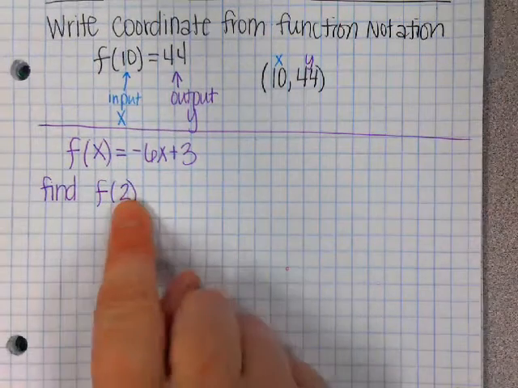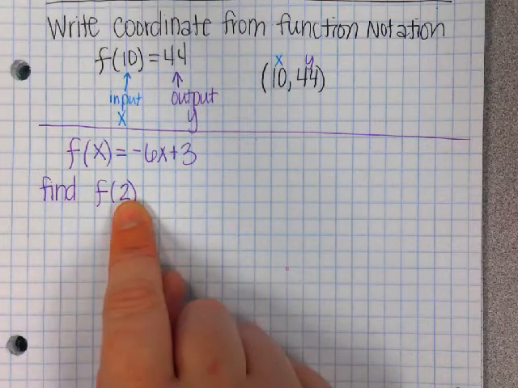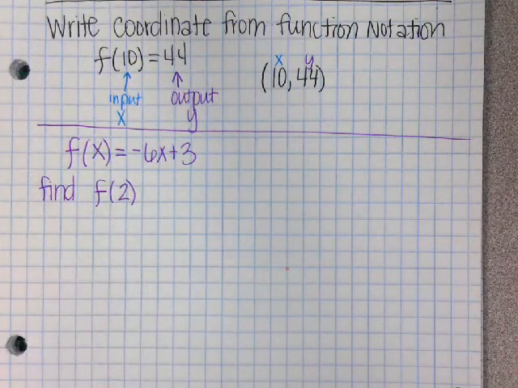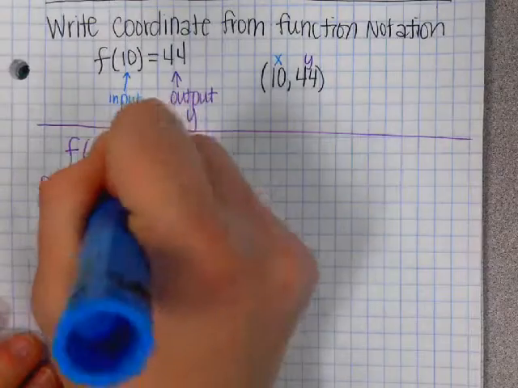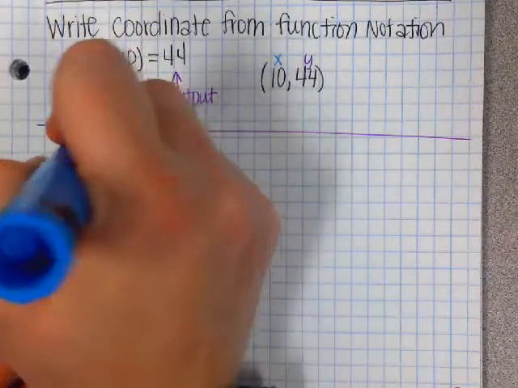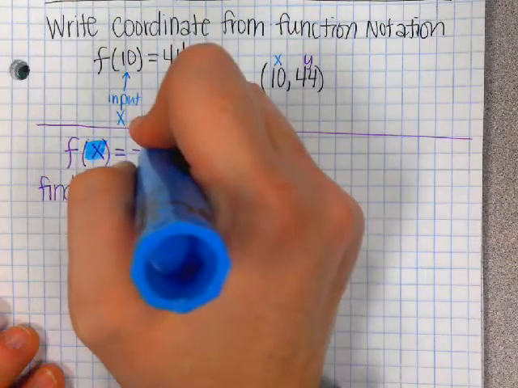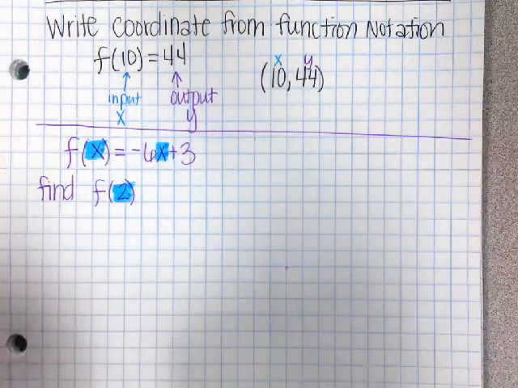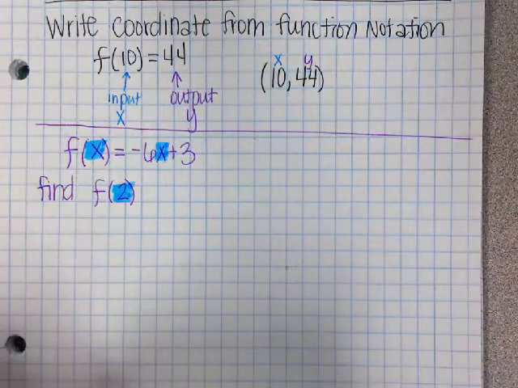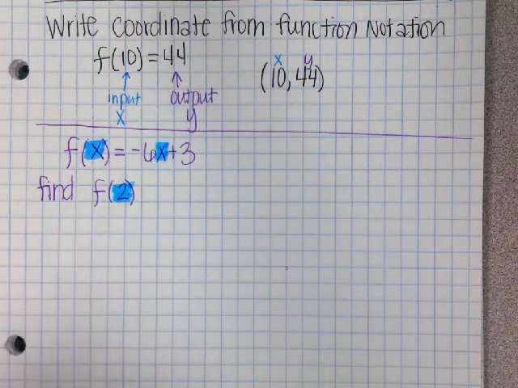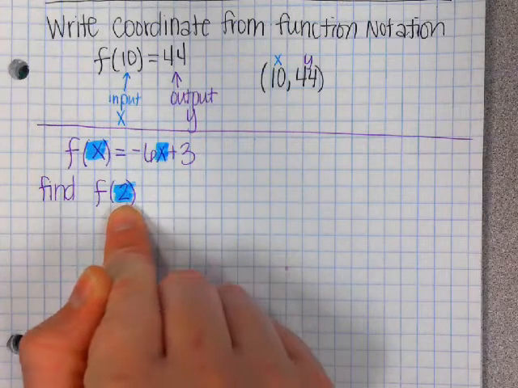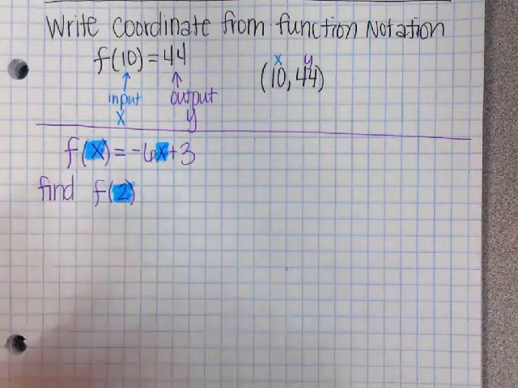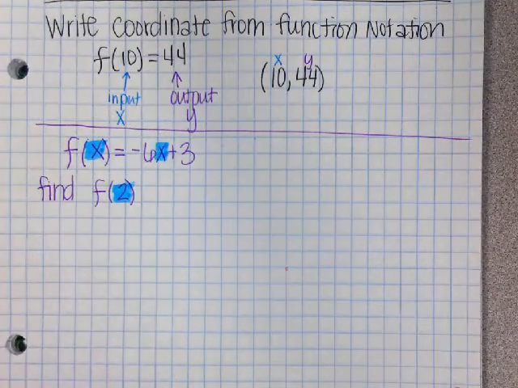Now notice this 2 is inside of the parentheses, so of course it's going to be the input. If this is using 2, then this is going to use 2. I very much suggest that you use a highlighter if you have problems. Highlight what it's wanting you to use as your input and change it in both places.